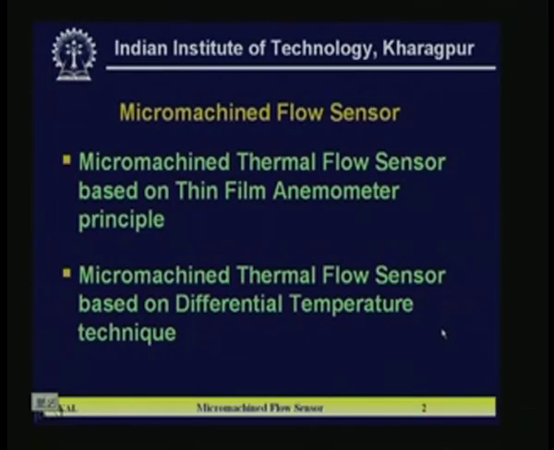This automatically eliminates a lot of environmental effects, meaning the room temperature or radiation from outside sources coming onto the sensor. Those effects are automatically neglected in the second class of thermal flow sensor, which is the differential temperature technique.